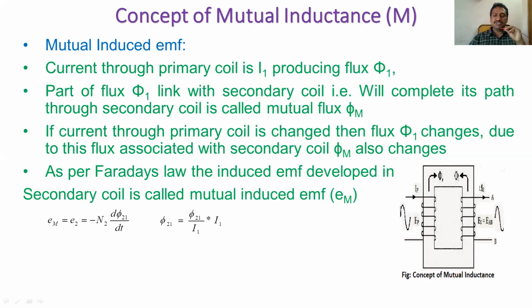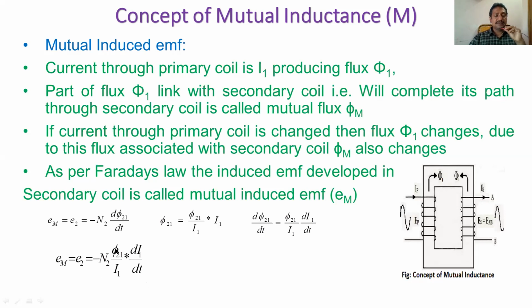Similarly, this mutual flux changes due to the primary current only. Therefore, we can write φ21 is equal to φ21 by I1 into I1. We substitute that, dφ21 by dI1 into dI1 by dt. Now E2 is equal to minus N2 into φ21 by I1 into dI1 by dt.